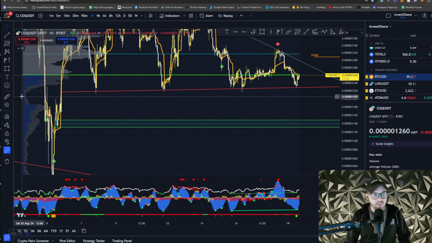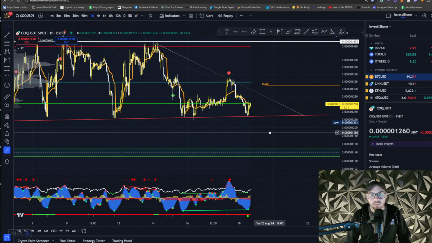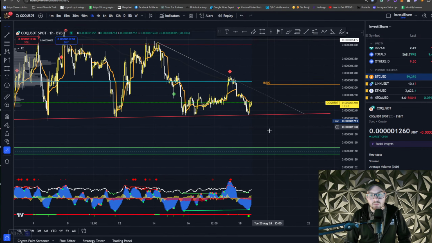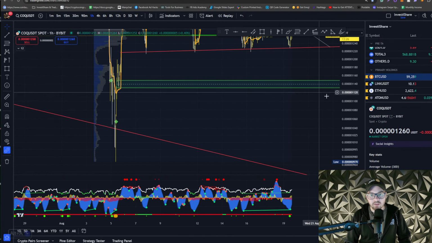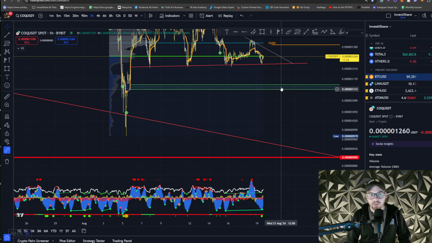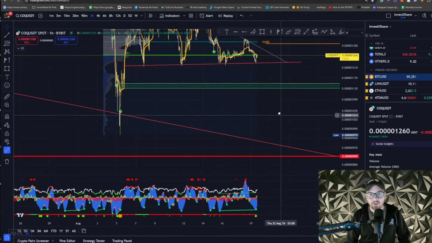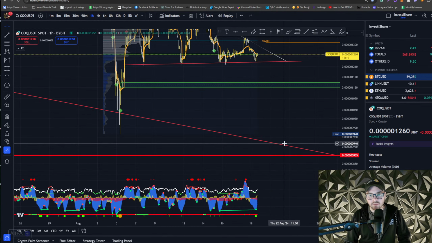So we have VWAP reset and some demand in that zone. So if we break this low, I'd watch this area here. If we break through here, then we'll probably just maintain this macro downtrend and hit these lows again even further.